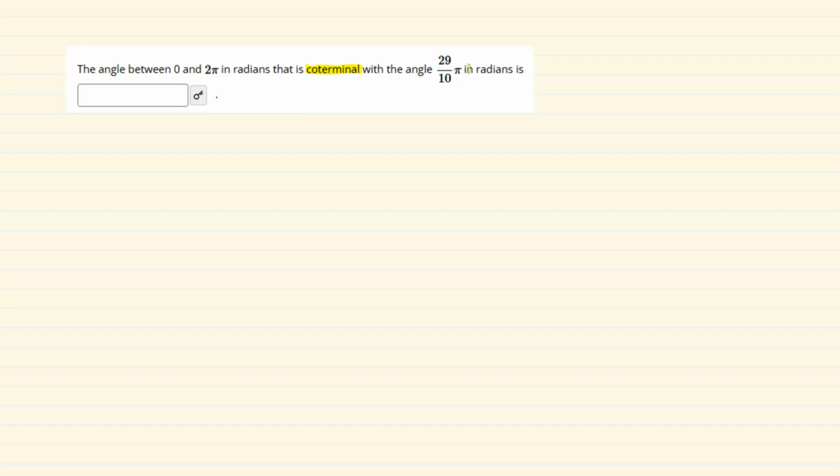So 0 is quite simply 0. But 2 pi would be 20 pi over 10. So the angle, which we'll call theta, needs to be in between 0 and 20 pi over 10.